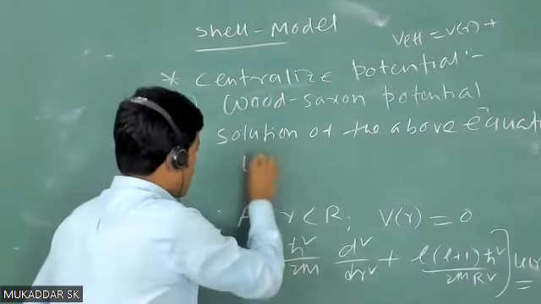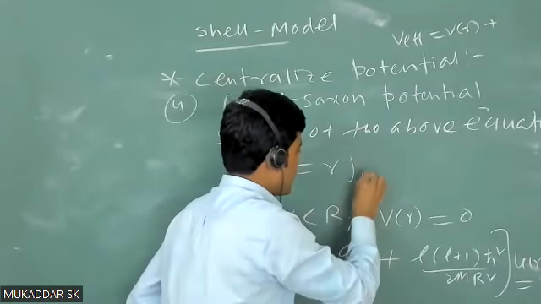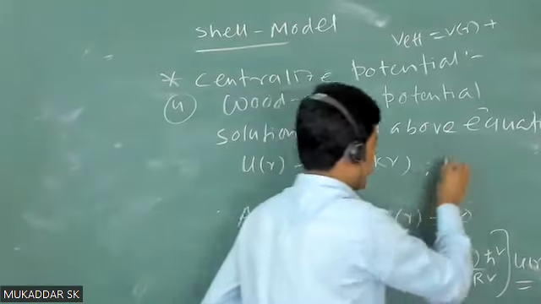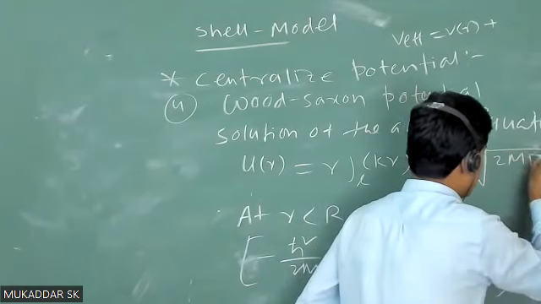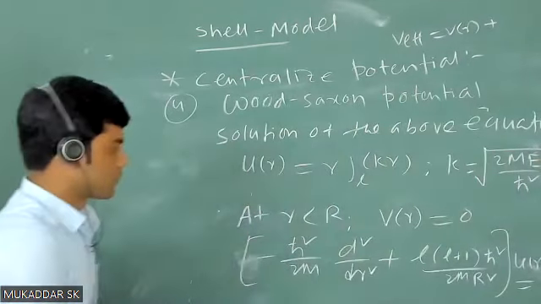That will be E of R, that will be R J L K R, where K is what? K is your wave vector, that will be root over twice ME by H cross square.